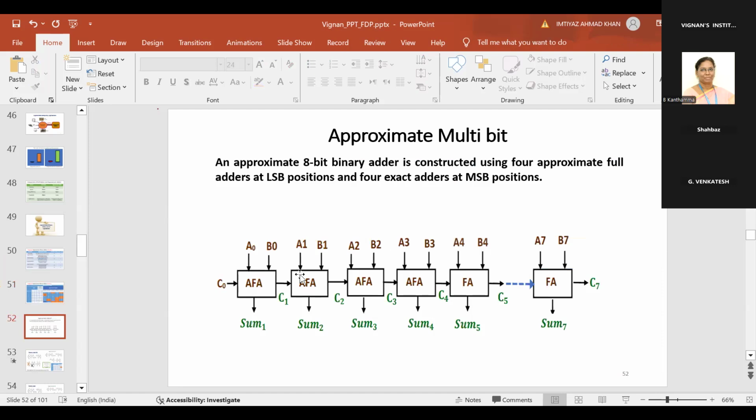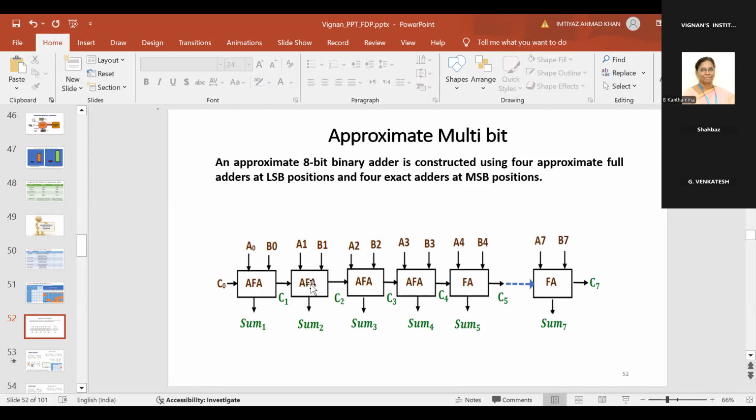Here I am using multi-bit, for example 8-bit: 0, 1, 2, 3. But the main important thing is that I have not approximated all circuits. As I explained previously for 32 bits, all were full adders. But here I am using approximate adders in one part and exact in the other. At minimum we can use four values; we have taken four.